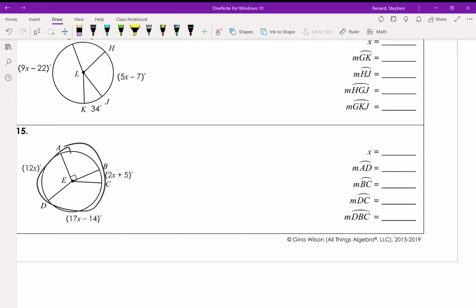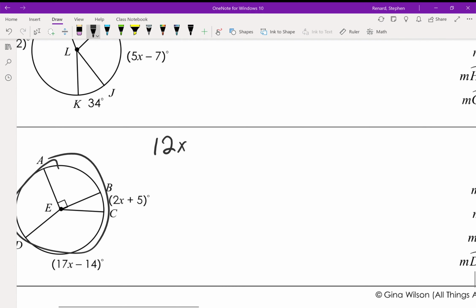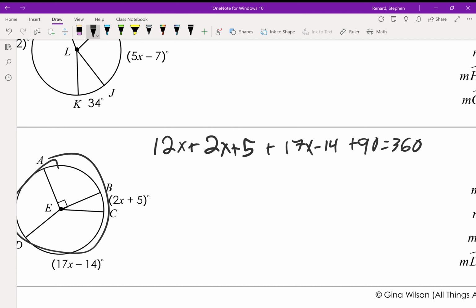So basically, what's happening is we know that all of these add up to 360 degrees. So we can go 12x plus 2x plus 5 plus 17x minus 14 plus 90 equals 360.